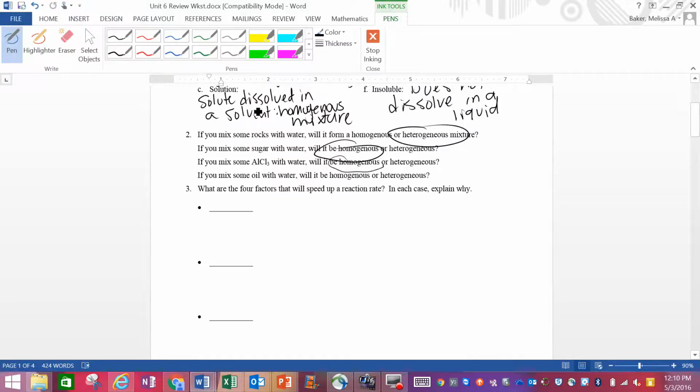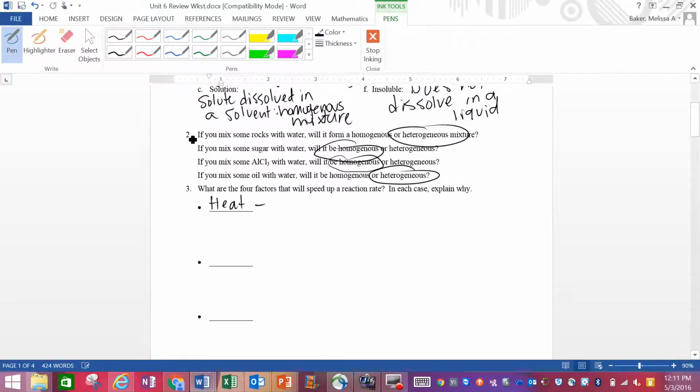Same thing with AlCl3, aluminum chloride. That is salt, so it would be homogeneous. Oil in water, oil is less dense, so it floats at the top of the water. That would be heterogeneous.